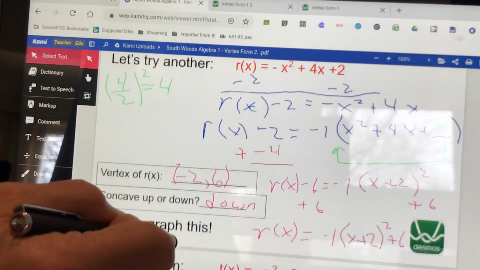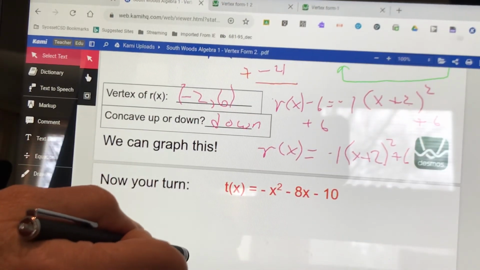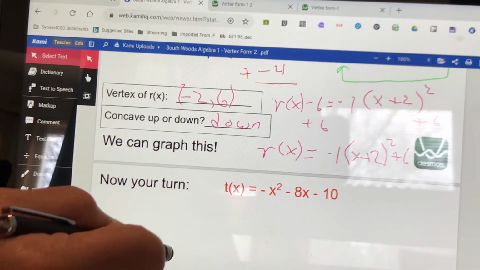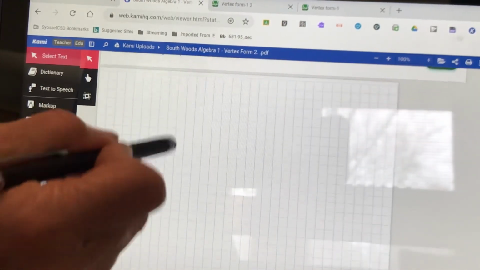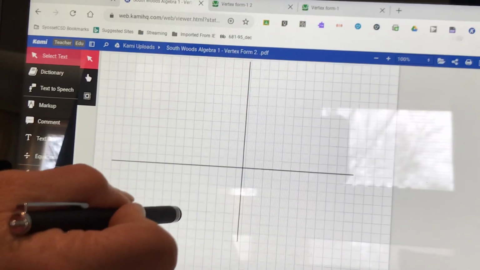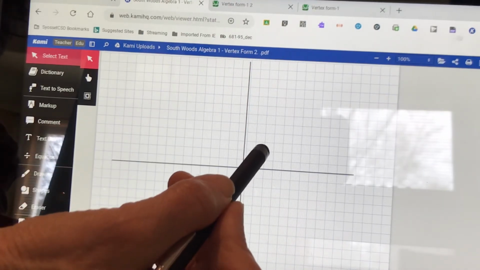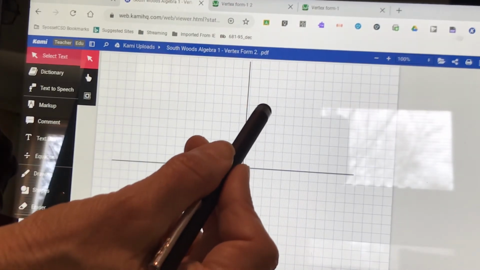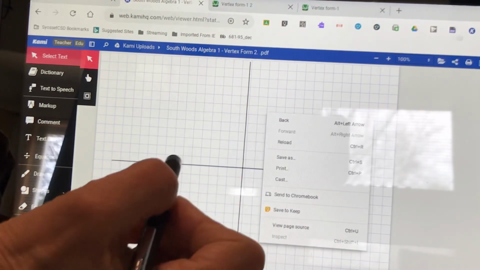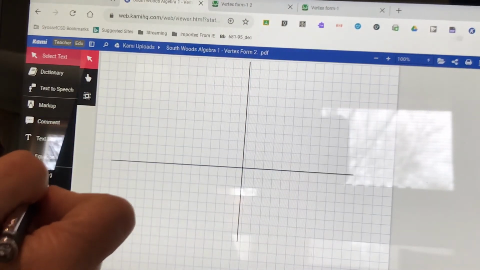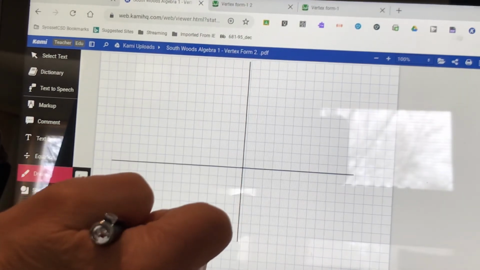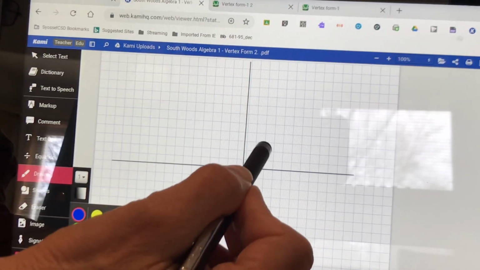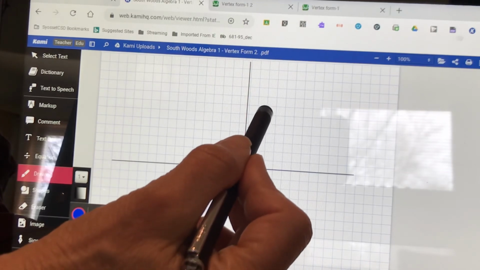We can graph this just by looking for the vertex and knowing that it's going to be concave down. If the vertex is at 2, 6, let's count 2, then 1, 2, 3, 4, 5, 6.